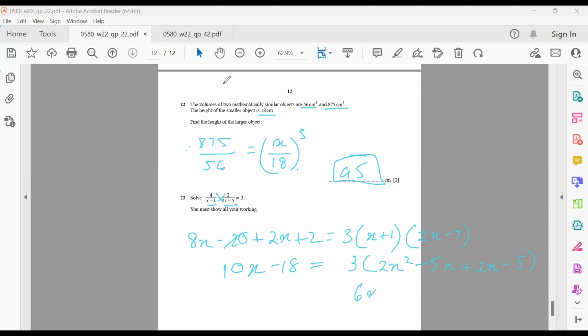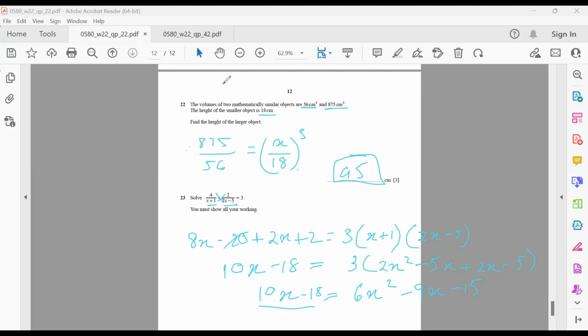So that is 6x squared. And minus 5x plus 2x is minus 3x. Minus 3x into 3 is minus 9x. And minus 5 into 3 is minus 15. So 10x minus 18 is equal to 6x squared minus 9x minus 15.